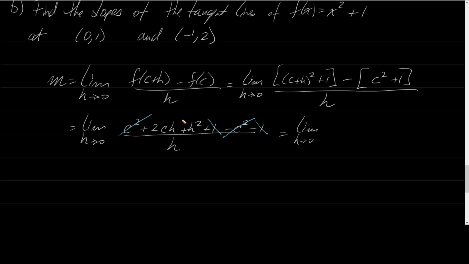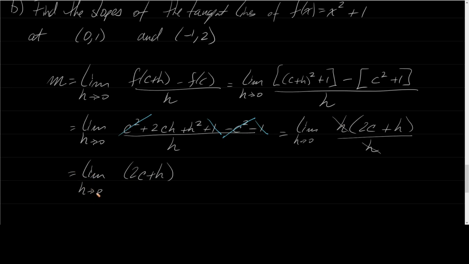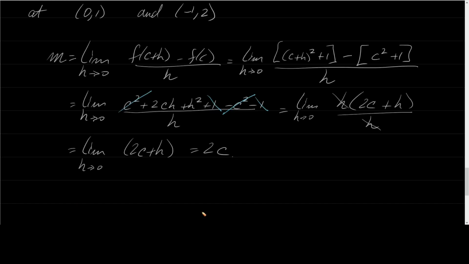But because everything has an h now, I can factor out an h, and I'm left with 2c plus h, all of this over h. At this point, these h's cancel out, and I end up with the limit as h goes to 0 of 2c plus h. And now I can plug in h going to 0, because if h is 0 now, this gives me just 2c, right?